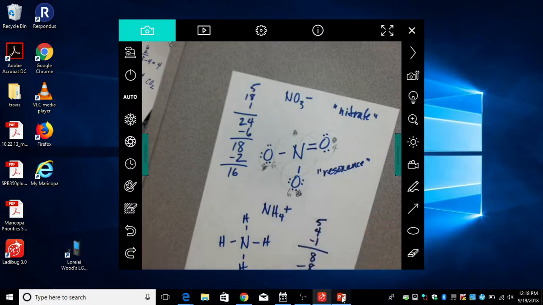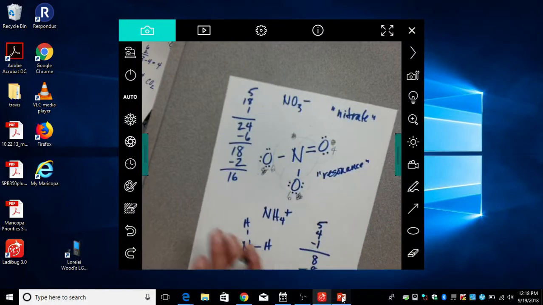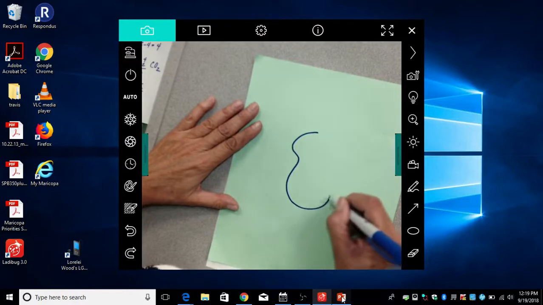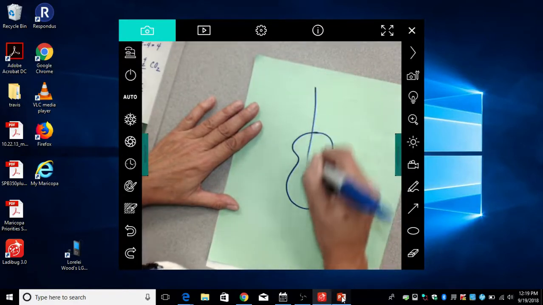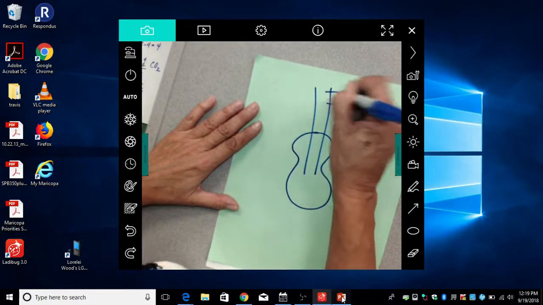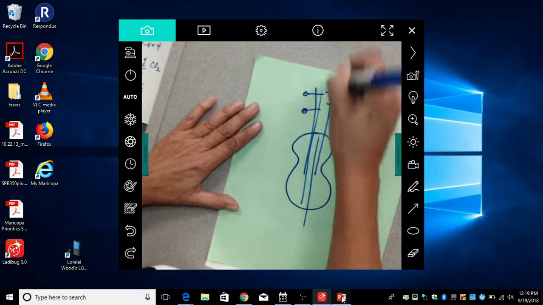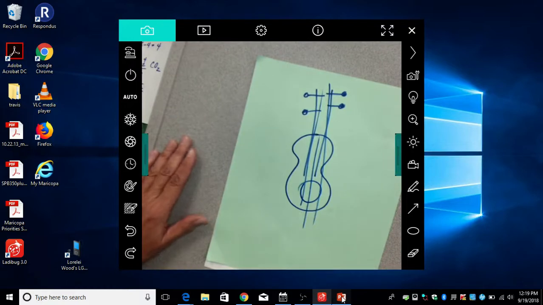Sort of like if you were playing the guitar. If you've ever seen anybody playing the guitar, it's kind of a cool thing. I'm going to use my really bad artwork here to draw a guitar. There's the frets that you make the strings tighter on, and you've got strings that go down over a hole, and they vibrate and it makes sound, right?